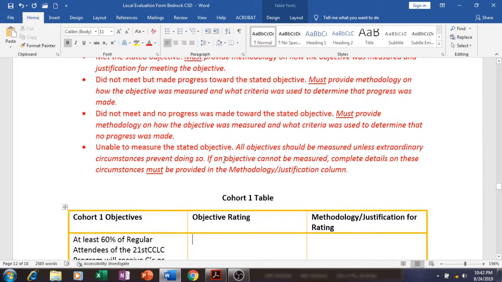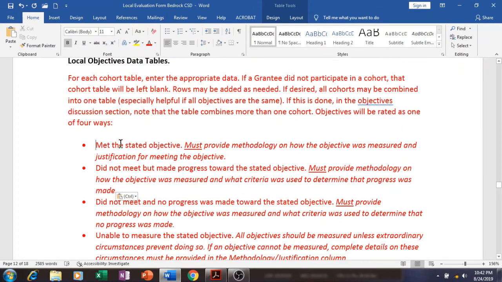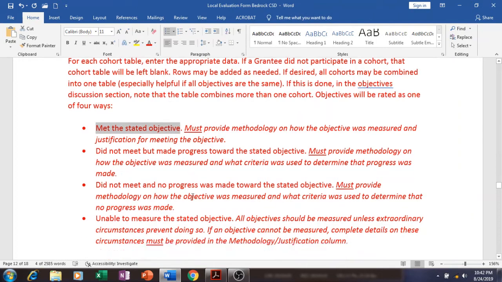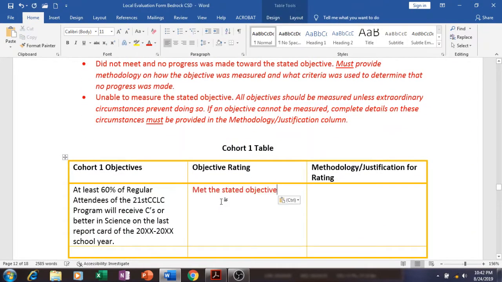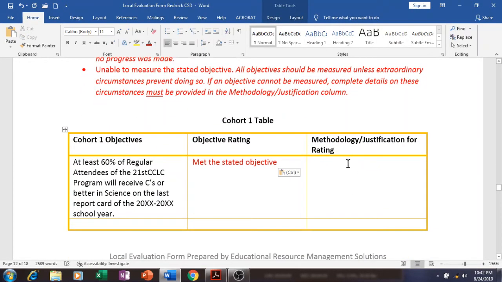So let's pretend that we did this objective and we met this objective. What would we put over here in methodology justification? In methodology, we would explain that we gathered up the report cards of all the students in our program. We've counted up how many of them made C's or better.